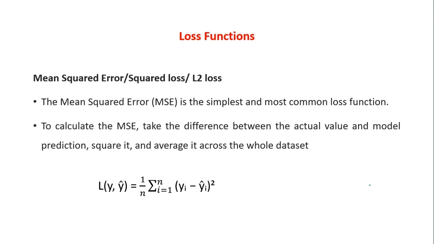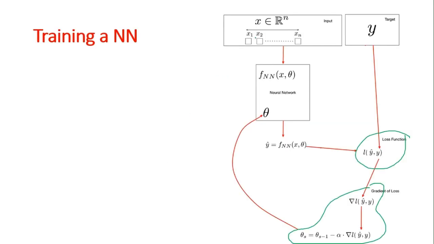Now, different loss functions. Just now we have seen we have the actual output, say it is yi, and the predicted output corresponding to yi. Now i varies between 1 to n. You can see here you have x1, x2 up to xn.